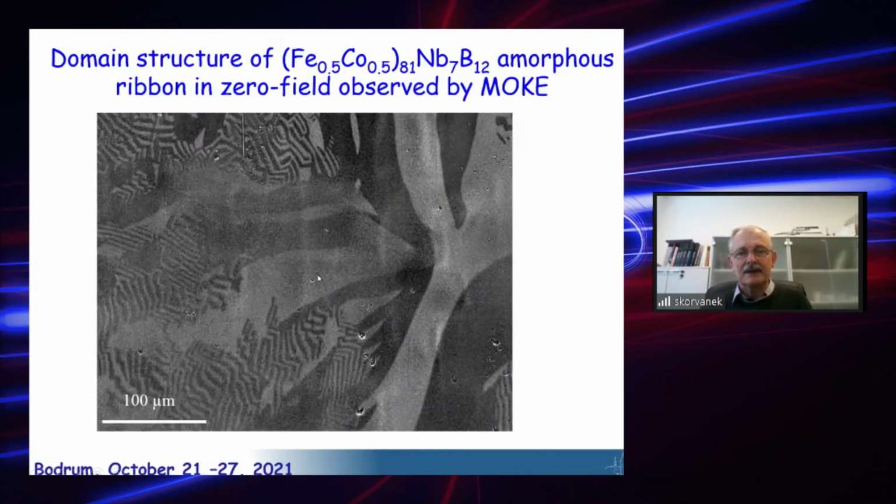Because when we apply the, here there is the domain structure of material of this composition. And when we anneal it at a temperature which is lower than the Curie temperature, this domain structure still persists. So we do annealing and the magnetic state of the sample is very complicated. In this way, domain walls and domains are stabilized in the position they occupy during annealing.